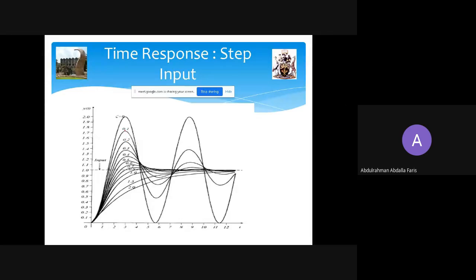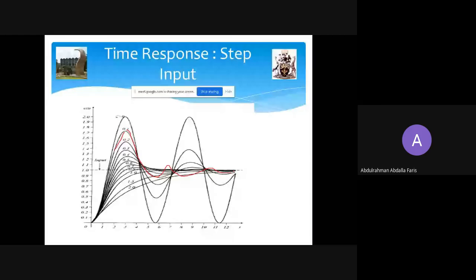And then when we have a value of 0.1, you can see this is 0.1, 0.2, 0.3. So at 0.1 we have some oscillations, 0.3, 0.4, but around 0.7 we just have one oscillation, and then it goes to the desired value, or the input.